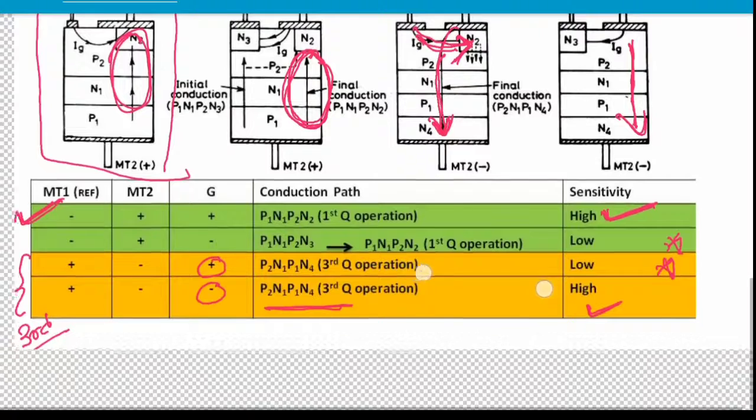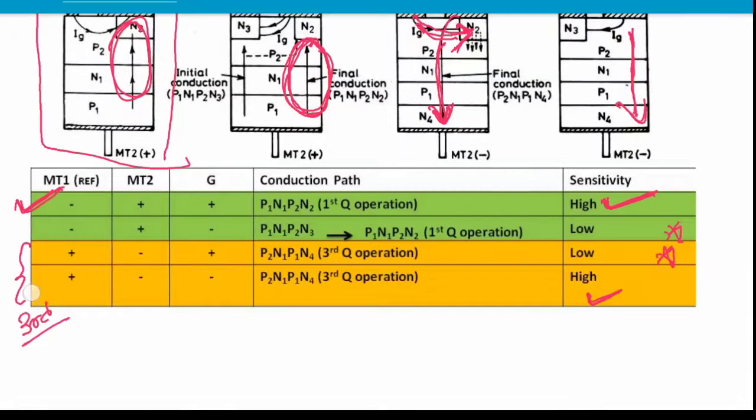Here we have to remember only two things. In first quadrant operation, MT2 is provided with a positive signal with respect to MT1 with a positive gate signal, and in third quadrant operation we provide a negative signal to MT2 with respect to MT1 with a negative gate signal.